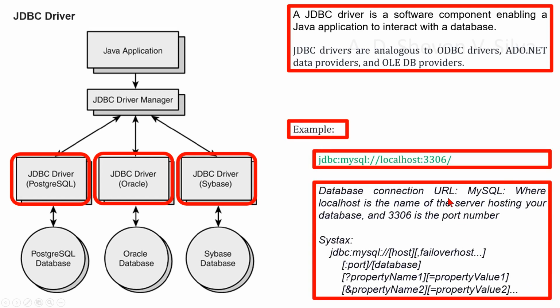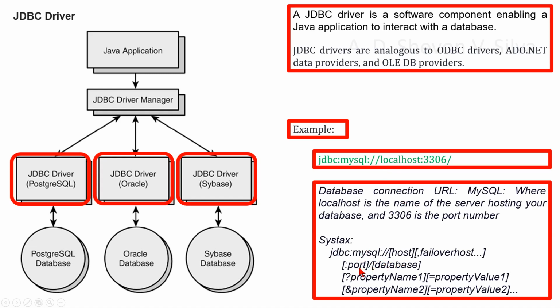As an example, we can consider this database connection URL in MySQL, where localhost is the name of the server hosting your database and 3306 is the port number. Here you can see the syntax. Here host:port is the host name and port number of the computer hosting your database.